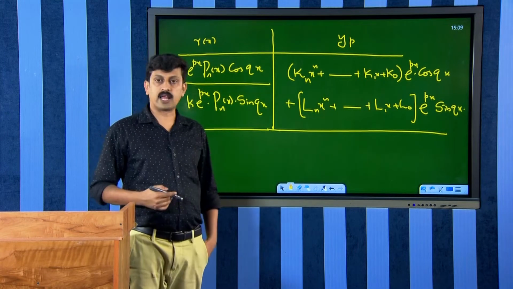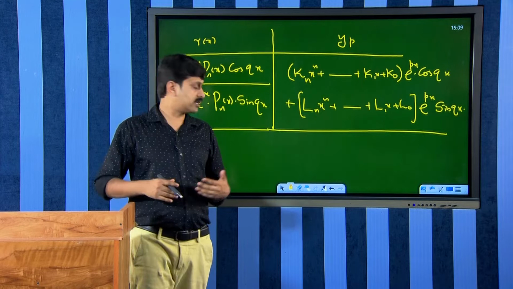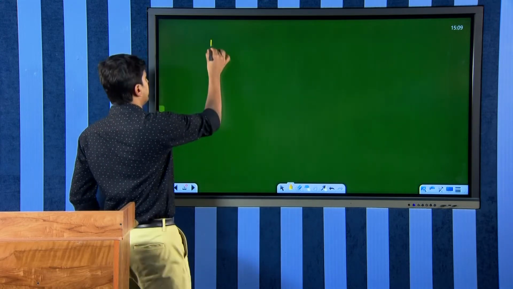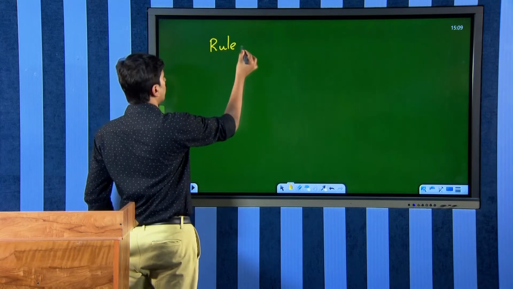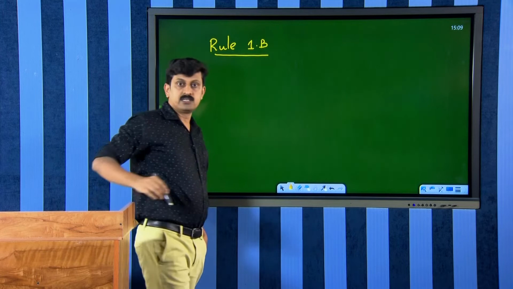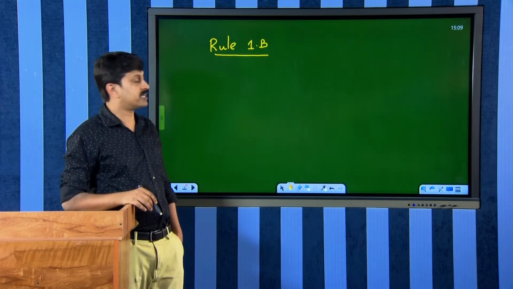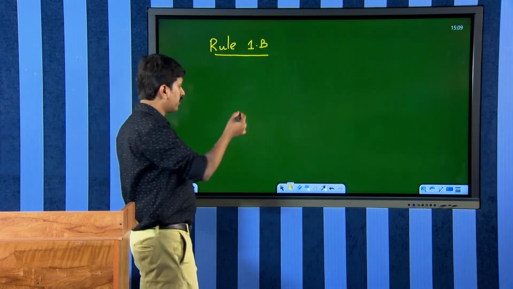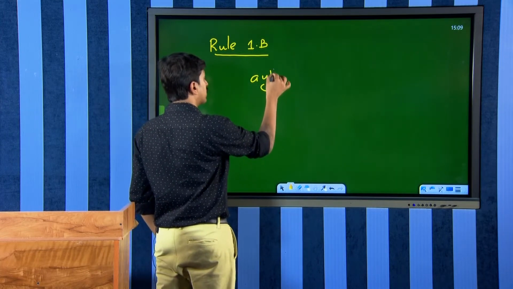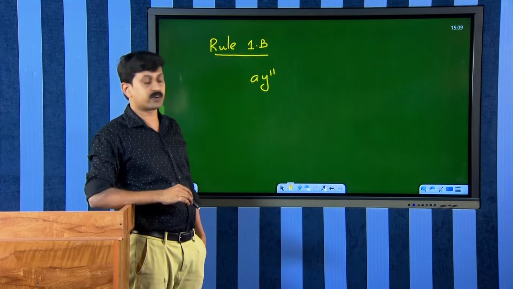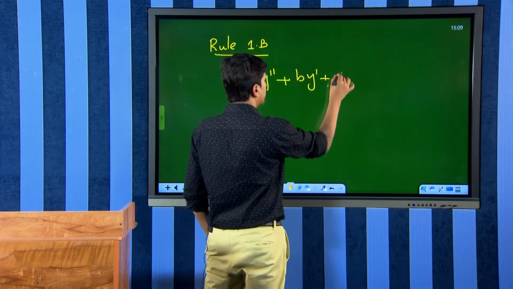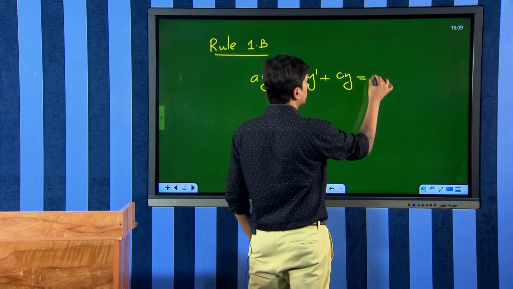Okay, dear students, in this session one more interesting thing is that we will discuss the rule 1b. Here we may have a second order non-homogeneous linear differential equation, ay double dash plus by dash plus cy equal to some r of x.